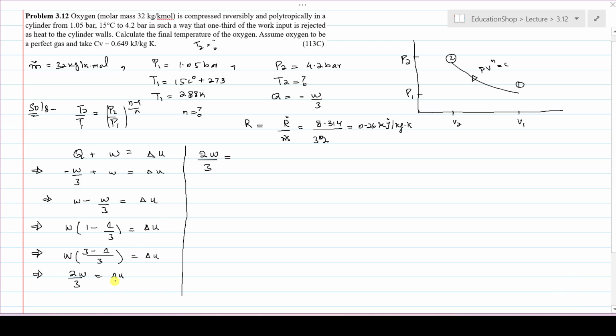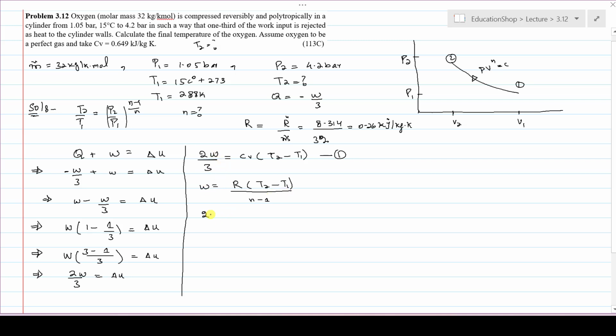Also, the change in internal energy is equal to CV times the change in temperature, so I can write CV into (T2 minus T1). From the polytropic work formula, W is equal to R times (T2 minus T1) divided by (n minus 1). Put the value of W in this equation.